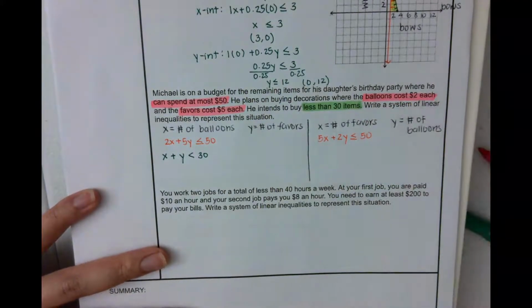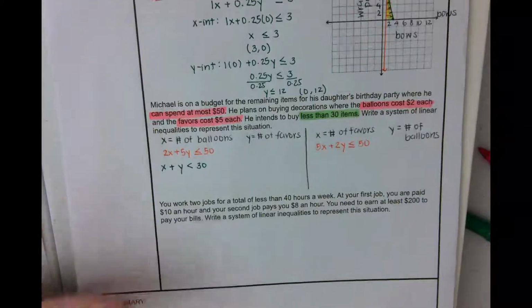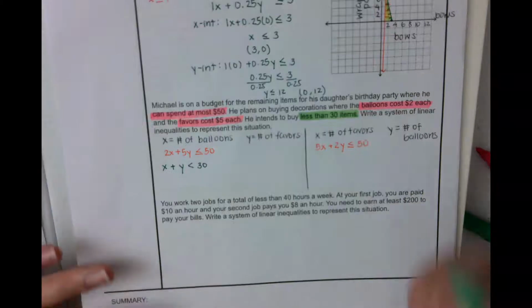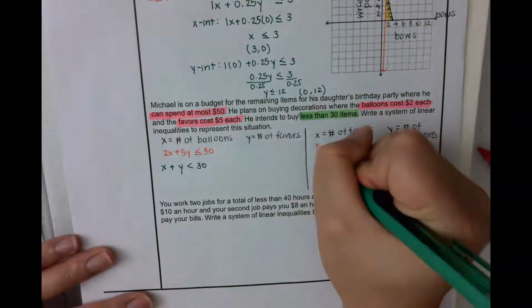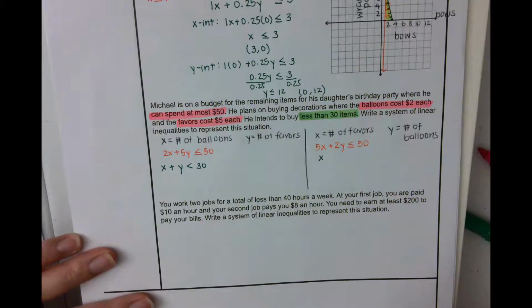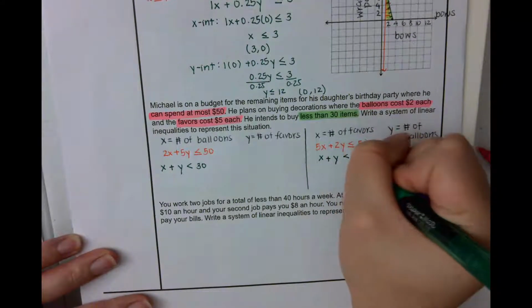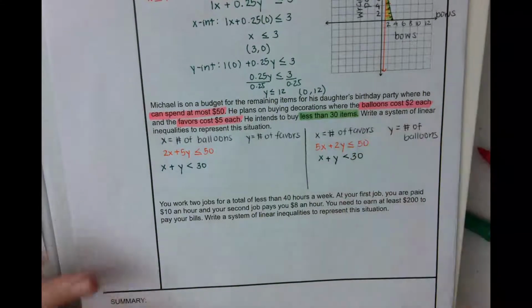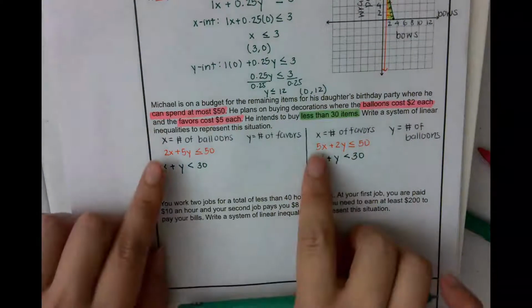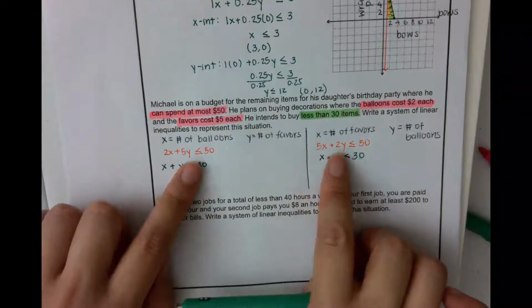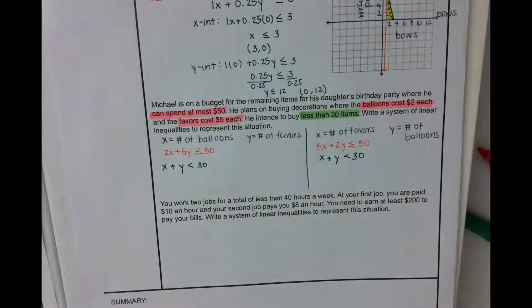The next equation is actually going to be the same either way, because the number of favors, x in this case, plus the number of balloons is going to be less than 30. So it's very similar. The only difference is that instead of 2x plus 5y, it was 5x plus 2y.